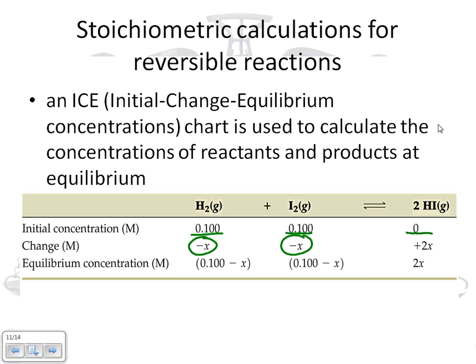We're going to call it X. And my products are going to increase by a value of 2X, again, because I have a 2 in my balanced chemical reaction. So when I calculate my equilibrium concentrations, it's going to be 0.1 minus X for H2, and 0.1 minus X for I2, and then 0 plus 2X, or just 2X, for my products.